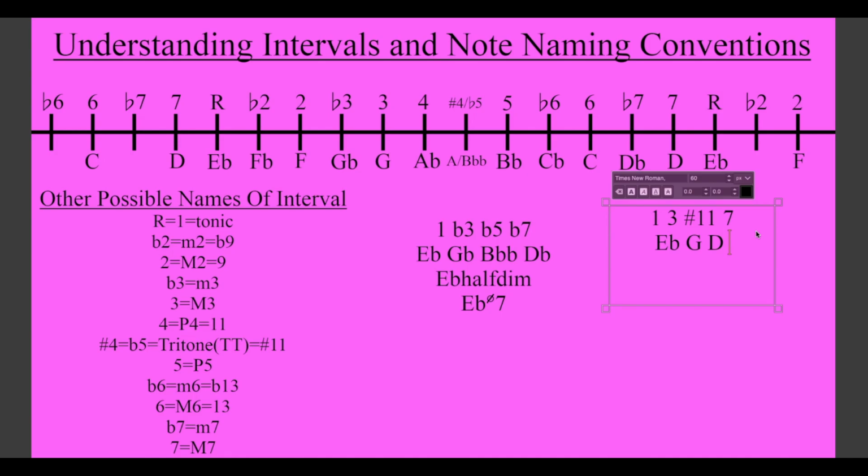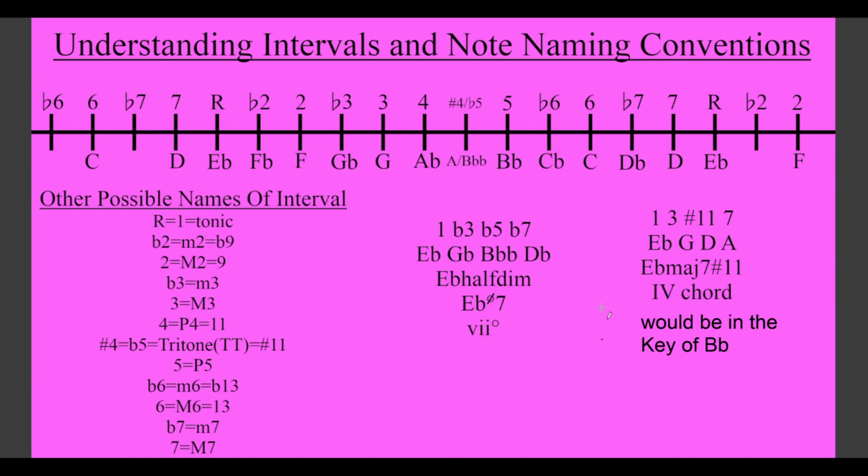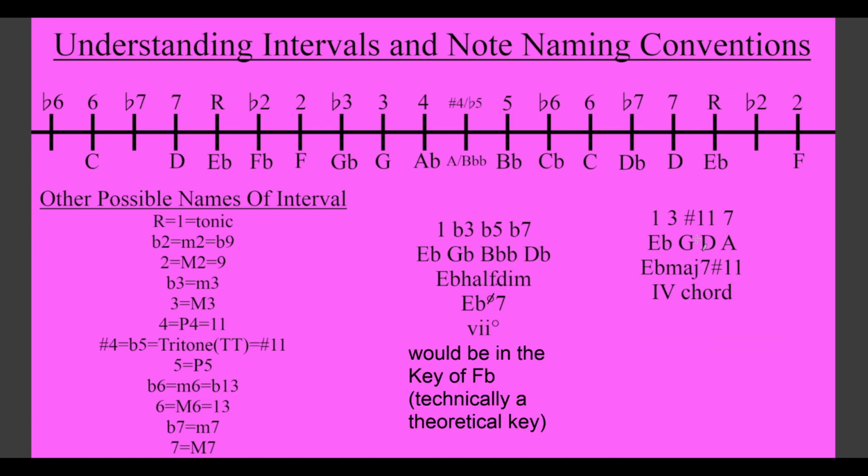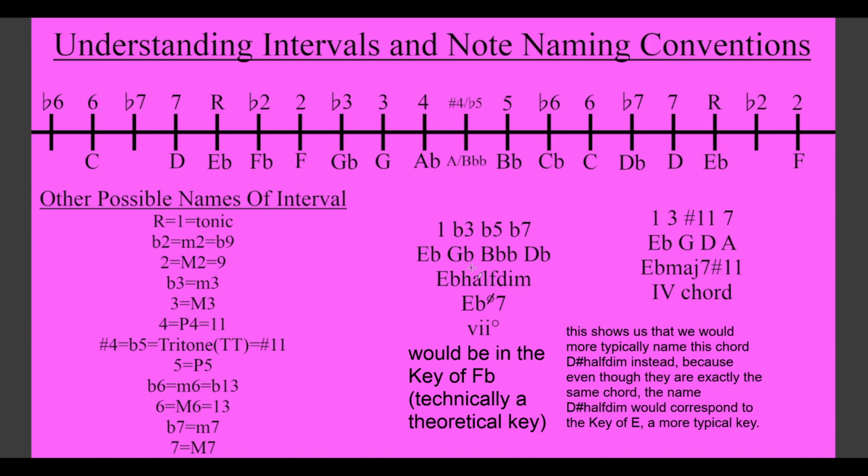And then the sharp 11, which would be A. And this would give you an E flat major 7, yes, with a sharp 11. This could be a very beautiful 4 chord. And on that additional note, I should add that E flat half diminished would be a normal 7 chord actually. So you've got 2 really cool voicings that you can use just staying completely in a major scale.